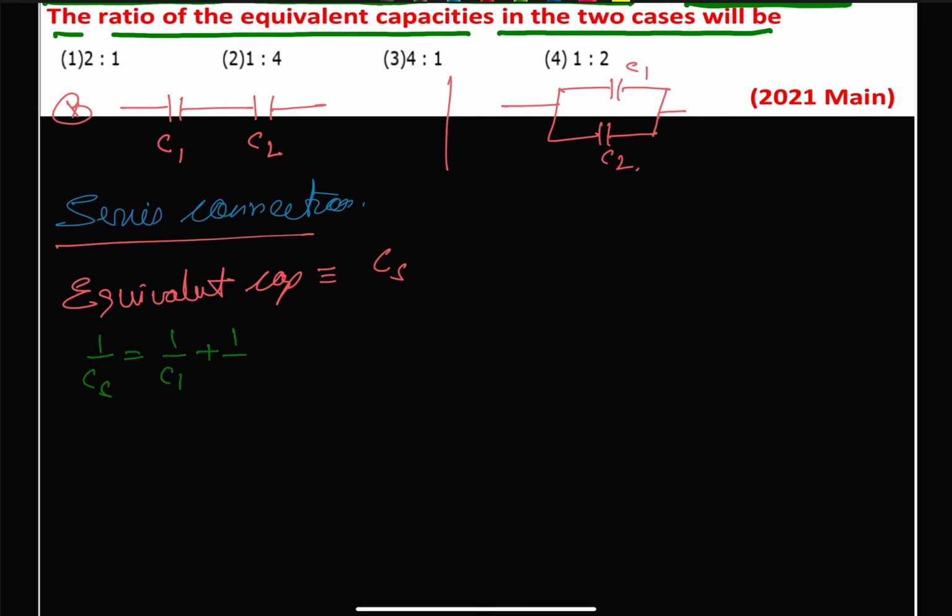Both are the same, so we get 1 upon C plus 1 upon C, which gives us CS equal to C upon 2.